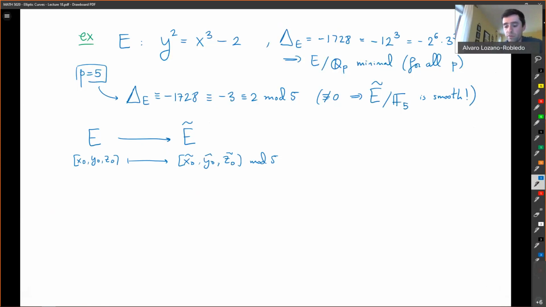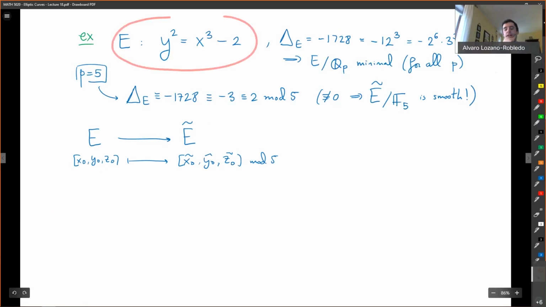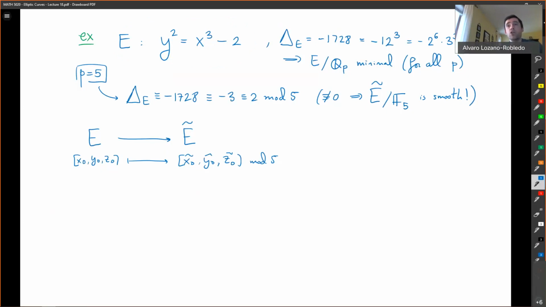Can you find any rational points on E, any points on this elliptic curve over Q? So for example, 3 cubed is 27, minus 2 is 25, which is a square, so that's a point.